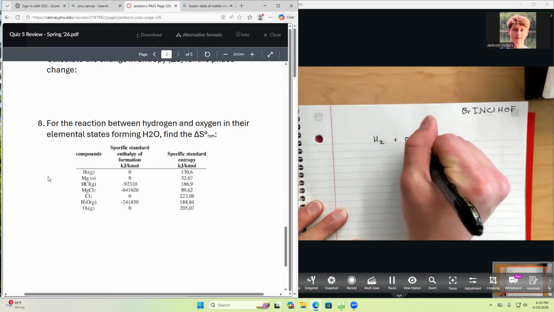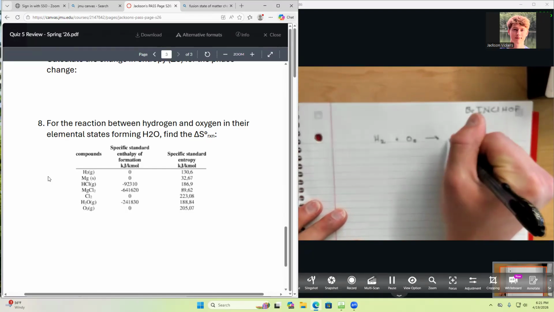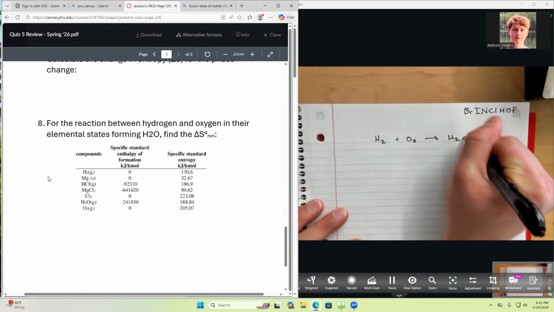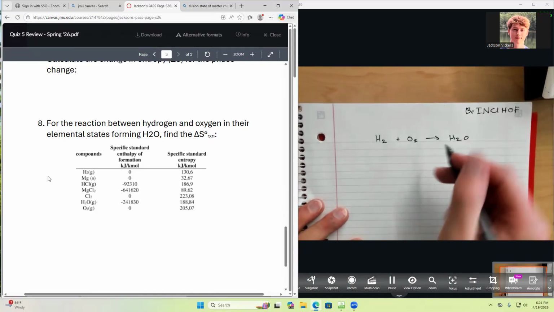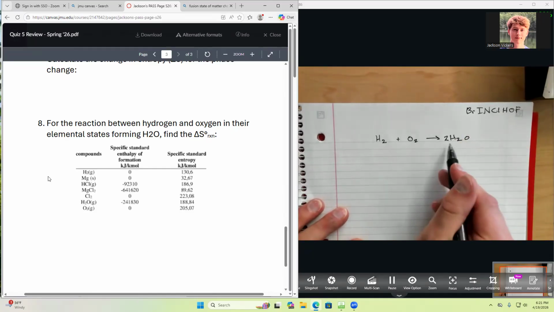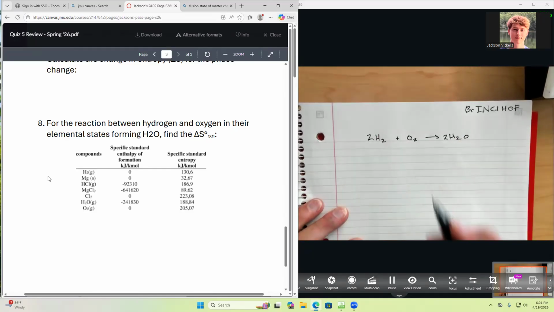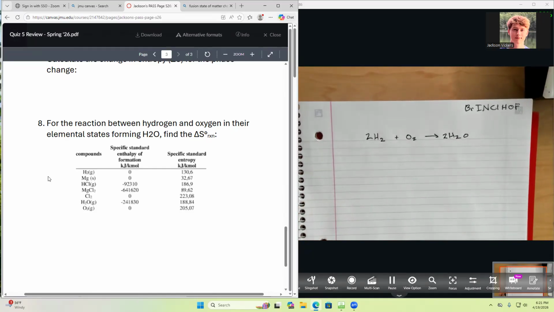So it's H2 plus O2 going to form water. And so we have to balance this by adding a 2 for the water and then a 2 for the H2. So he might be annoying like this and do something like this on the test. He's more likely to give you the reaction already formed. But this is important because we need to have the stoichiometric coefficients to do this.